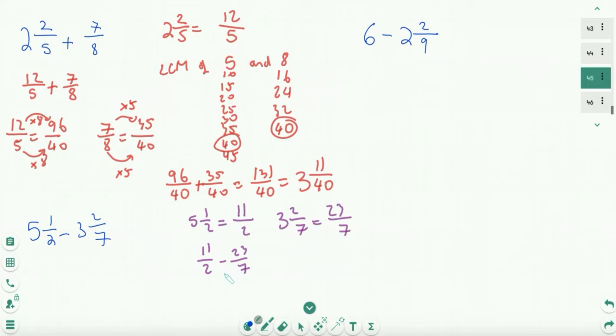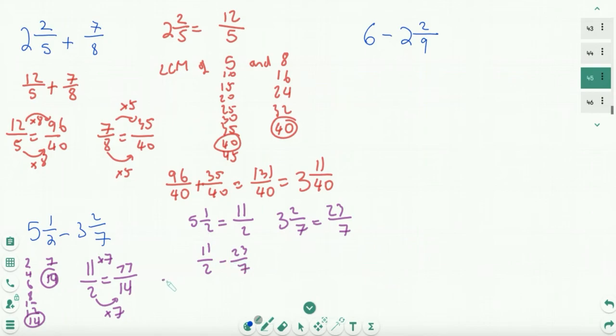We're going to find the lowest common multiple of 2 and 7. So I'll write down my times tables of 2: 4, 6, 8, 10, 12, 14. And the 7 times table is 7, 14. Our common denominator is 14. So 11 over 2 equals, 14, 7 times 7, 77.